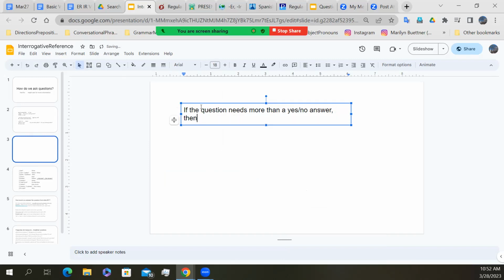Then we need a question word, an interrogative. So we're going to pair these up with some verbs to ask some questions. We're going to see what some typical questions look like.